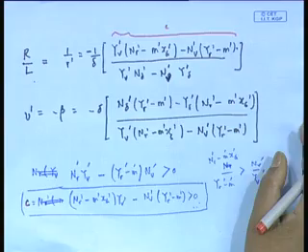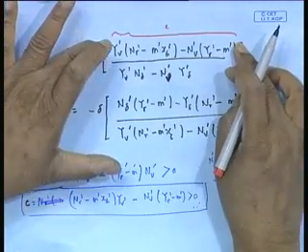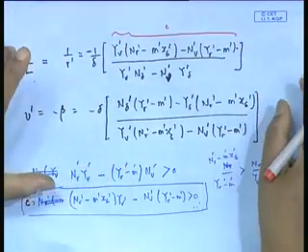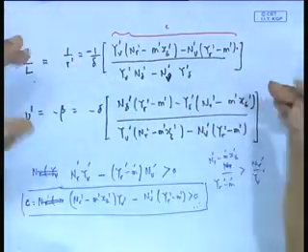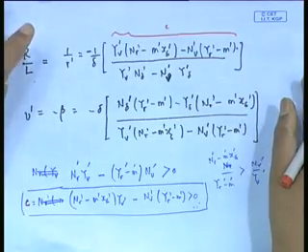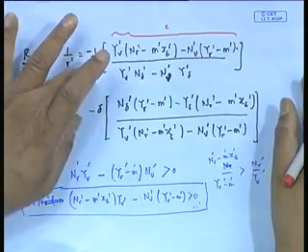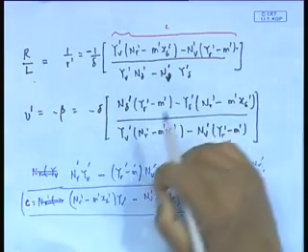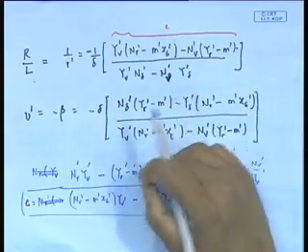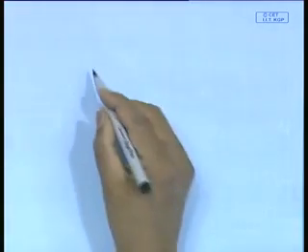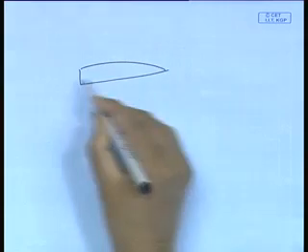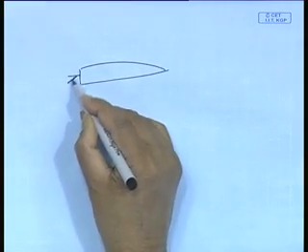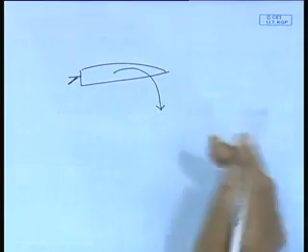If you take this into account, you will find that R is inversely proportional to delta, and if I take the proper signs, it will always turn. If I were to give a negative rudder, the ship will always turn this side.